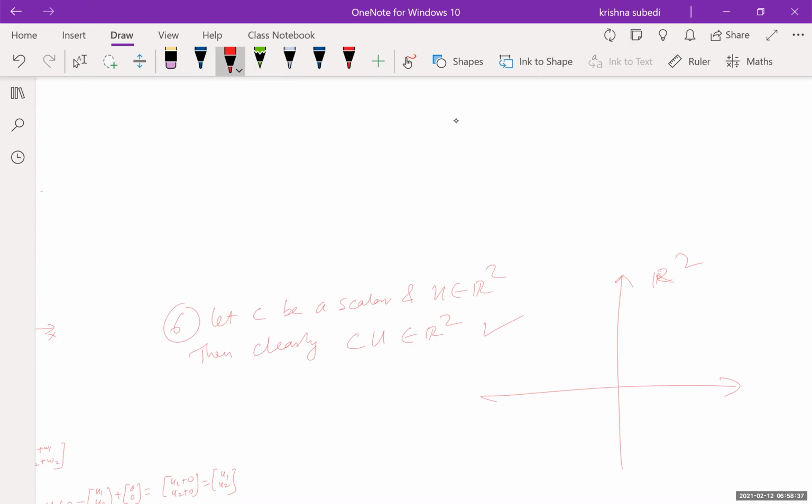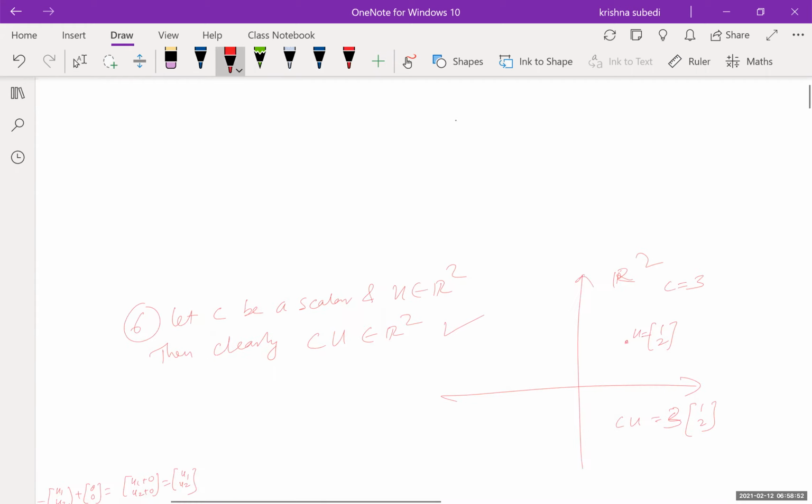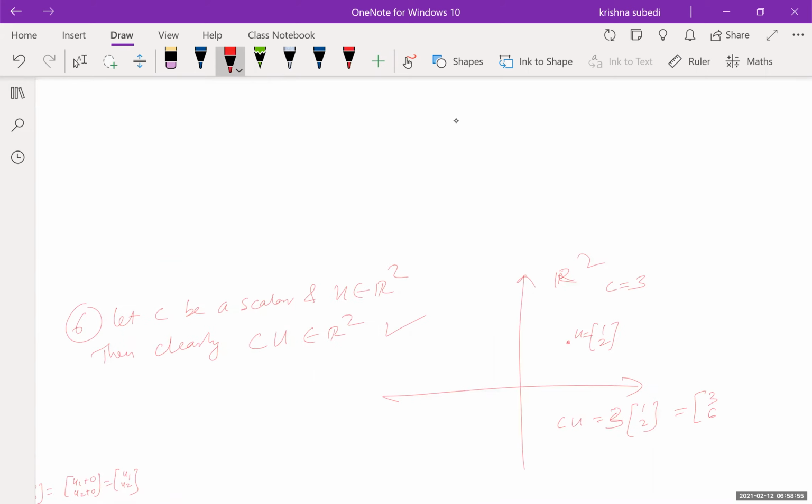And suppose we have a point 1 2, for example, and let's say this is my u, and let's say my c is any constant, let's say 3, for example. So when I do cu, I'm going to get c times 1 and 2. C means 3, 1 and 2. So that's going to give me 3 and 6. And clearly this 3 and 6 also belongs to R2. It doesn't belong to R3.